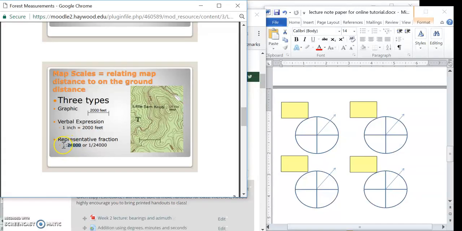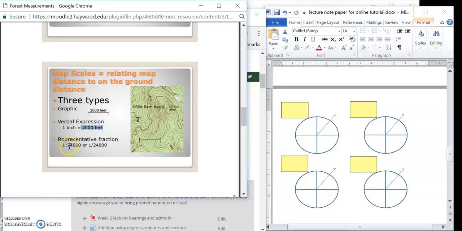If I'm using a 1 to 24,000 scale and I measure 1 inch on the map, that represents 24,000 inches on the ground. So what does that represent in terms of something easier to understand than inches? How about feet? 24,000 divided by 12 inches per foot equals 2,000 feet.